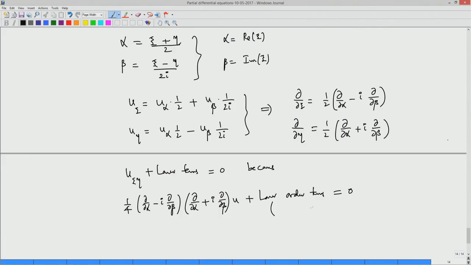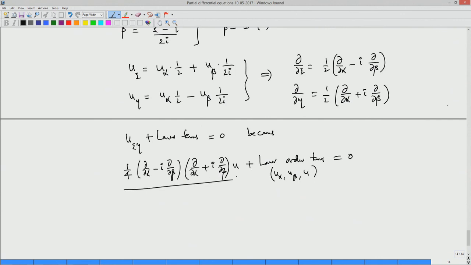equal to 0. Here lower order terms means u alpha, u beta, and u as a function of alpha beta. So what happens to this term? This term is nothing but now u alpha alpha plus u beta beta. Of course 4 you can bring to this side, and 4 times the lower order terms, again lower order terms equal to 0.